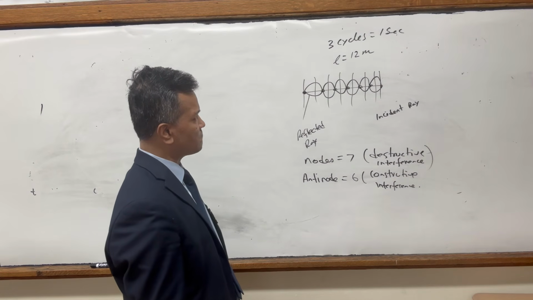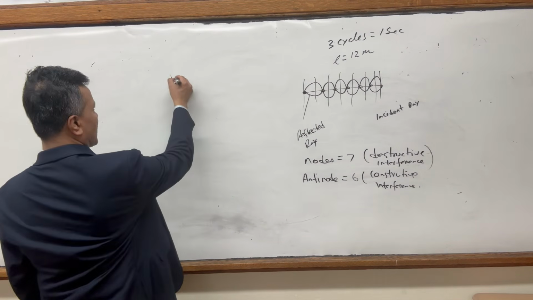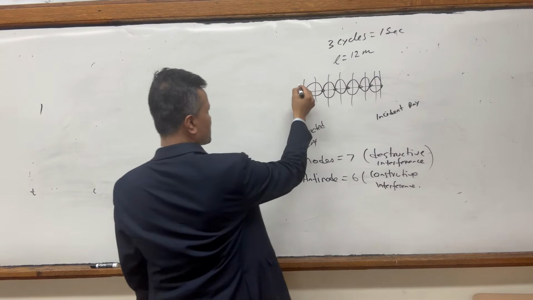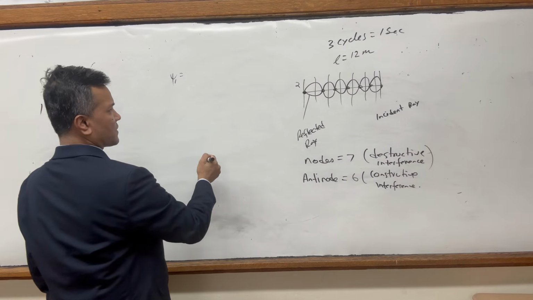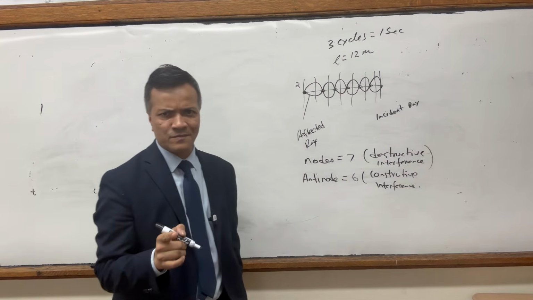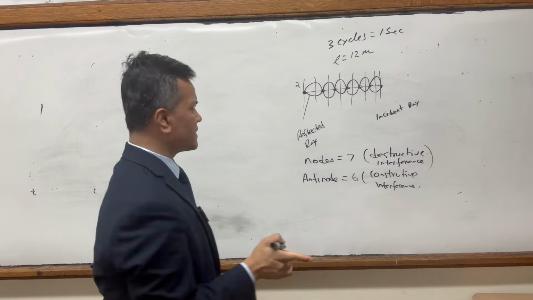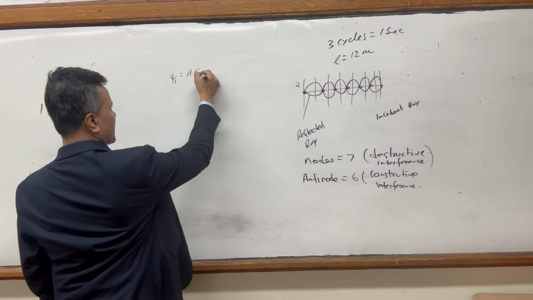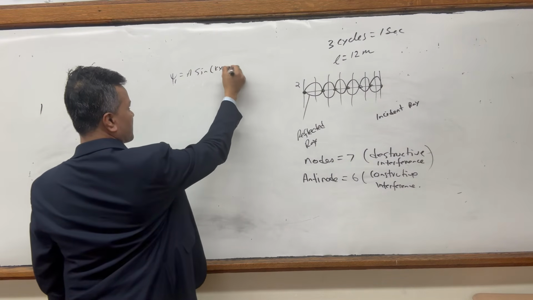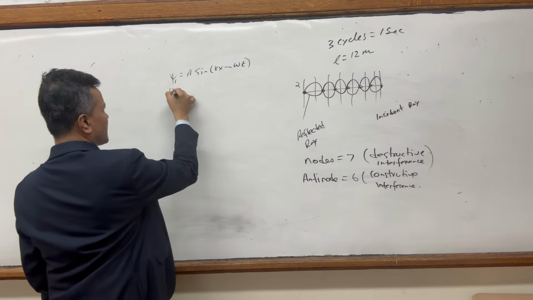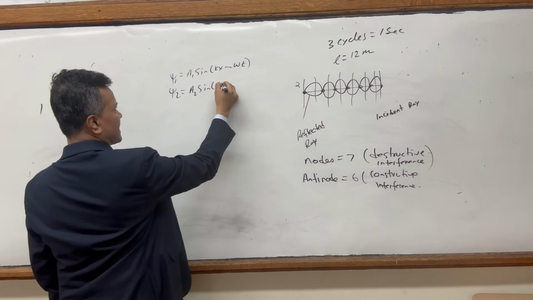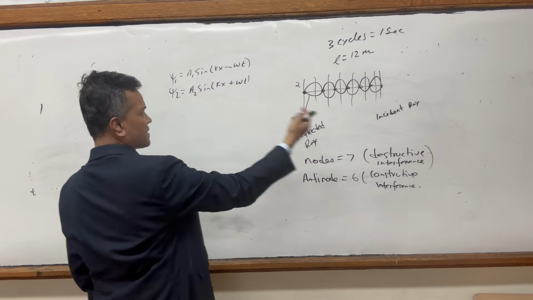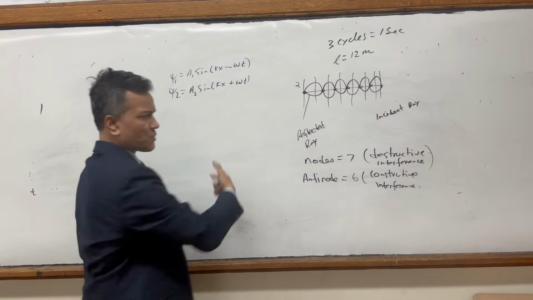We know that psi 1 has an amplitude, let's say 2. Psi 1 is A sine(kx minus omega t). And psi 2 is A sine(kx plus omega t), because psi 2 is coming this way.